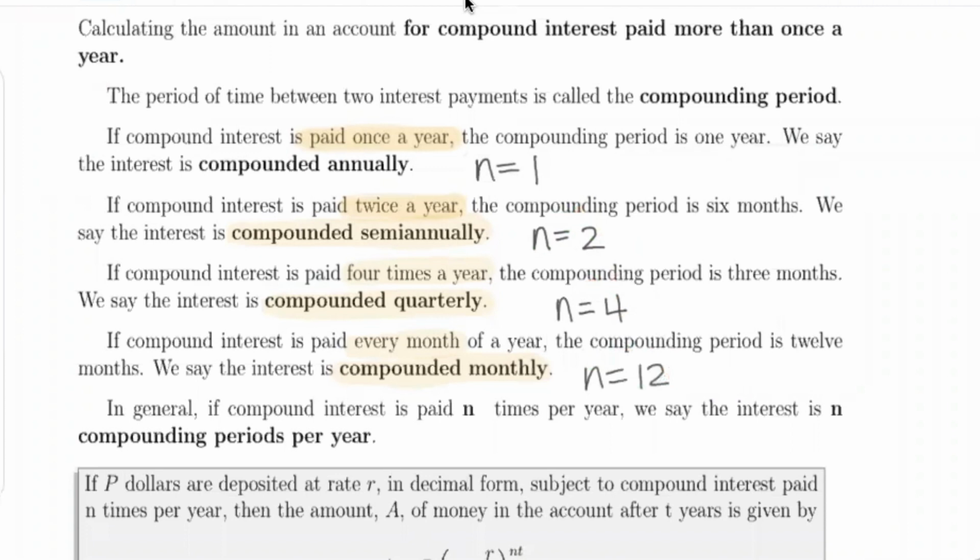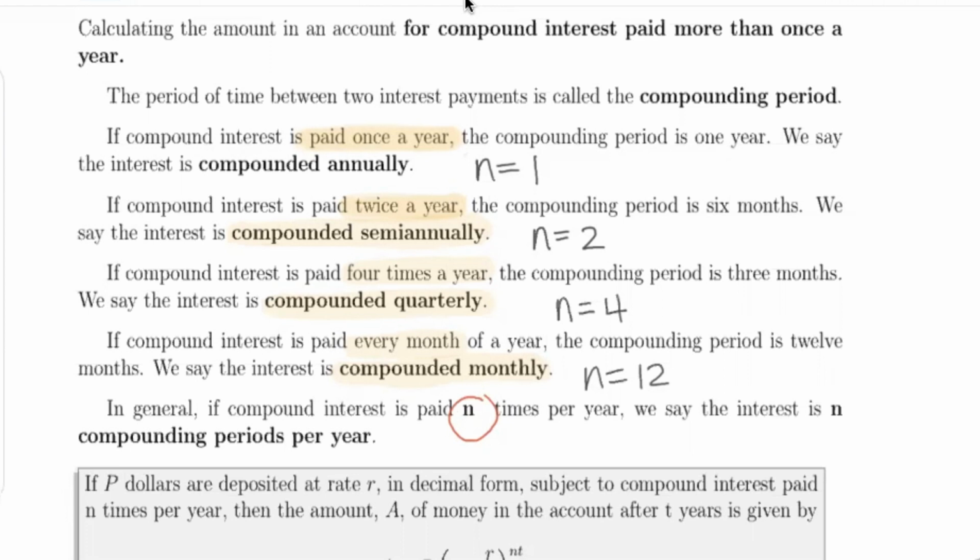Do you understand this? So n is the number of interest payments per year. In general, if interest is compounded n times a year, we call n the compounding periods per year.